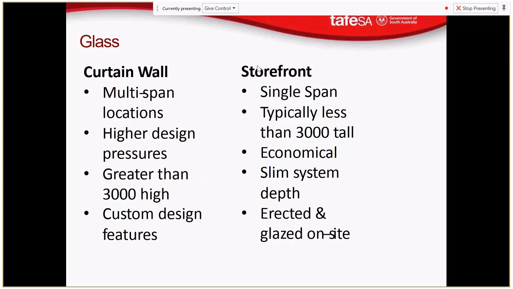So the difference between the two is a curtain wall, multi-span locations, high design pressures because we get wind acting on the side of the buildings, and as we get higher, we can have more wind acting on the side. And also with this type of system we have our mullions going from point of support to point of support, and we've got those at every 900 millimetres or so there.